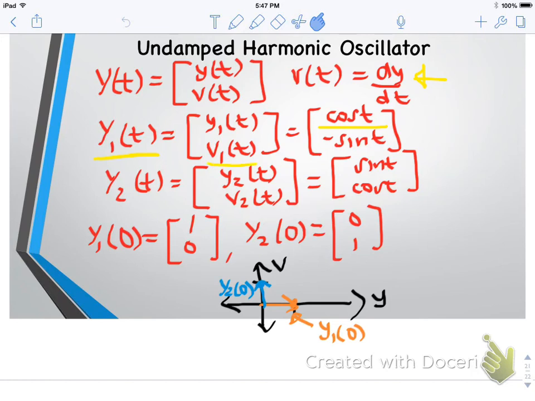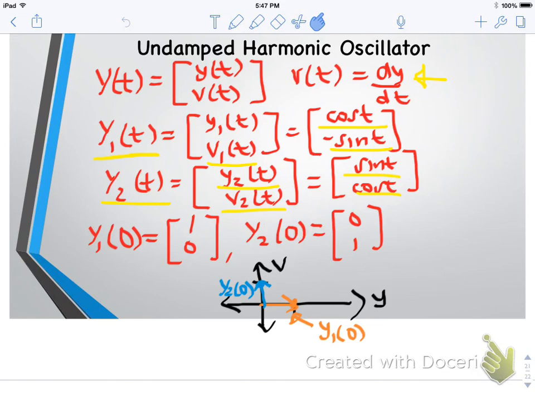If v is the derivative of y, then we just write the derivative of cosine, which is negative sine t. That's how we got that. And similarly, y sub 2 of t, we said another solution was sine of t, and the derivative of sine of t is just cosine of t. And so that's how we got that column vector, okay?